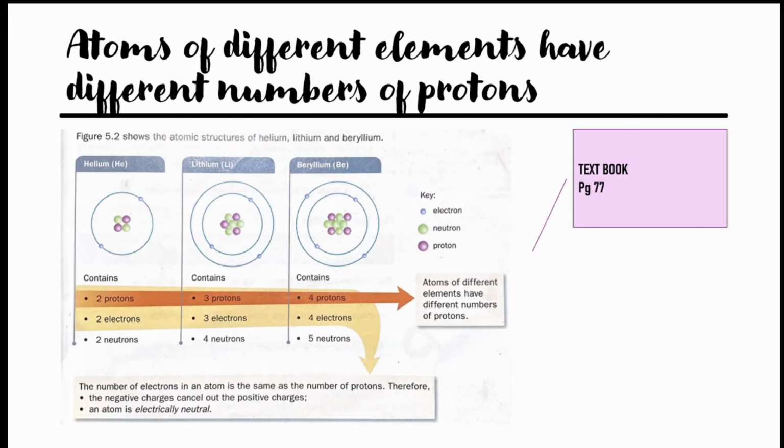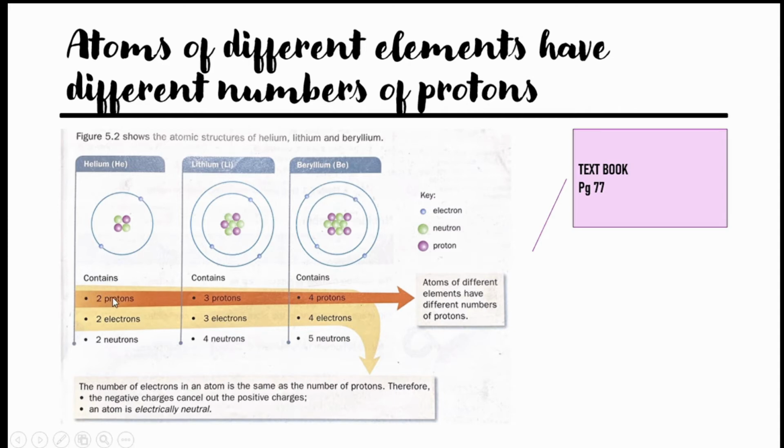Now, let's discuss another topic. Atoms of different elements have different numbers of protons. Let us see figure 5.2, which shows the atomic structures of helium, lithium, and beryllium. Look at that, everyone. First, we have atom helium, He, lithium, Li, and beryllium, Be.